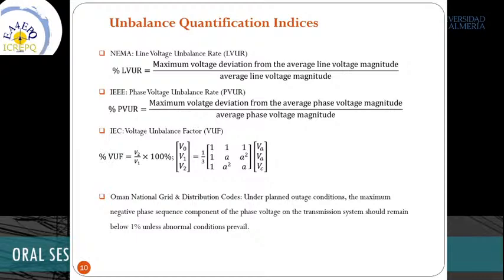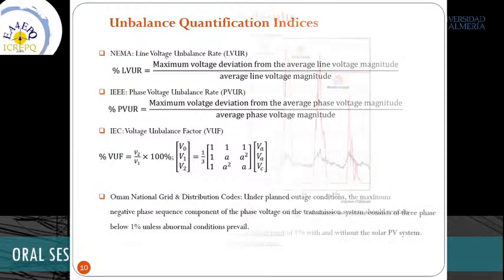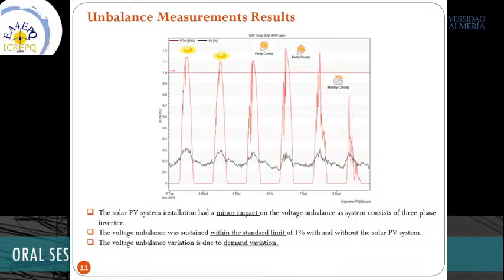Oman Grid and Distribution Code used voltage unbalance factor, which should remain below 1% unless abnormal conditions prevail. The result of unbalance measurement shows that the solar PV system installation had a minor impact on the voltage unbalance as the system consists of a three-phase inverter.